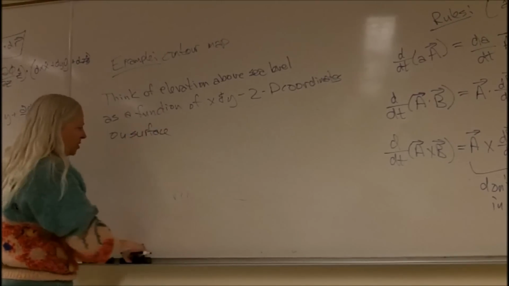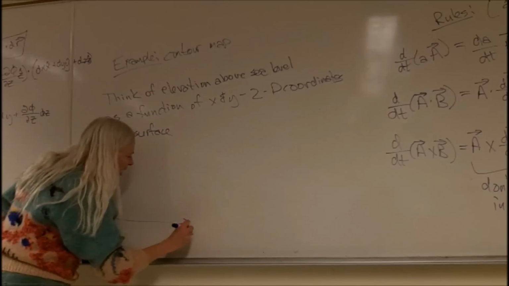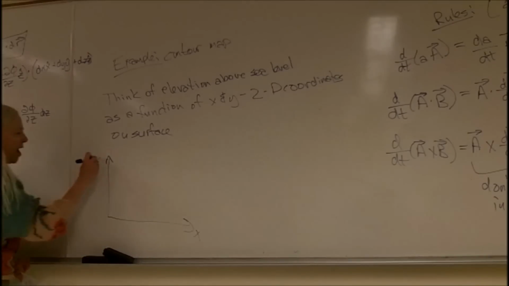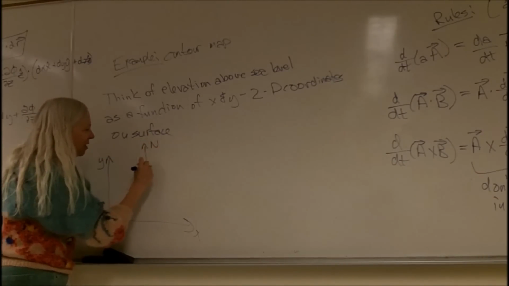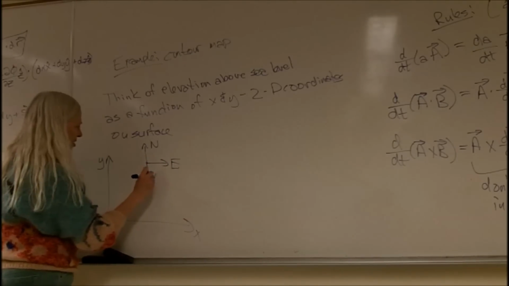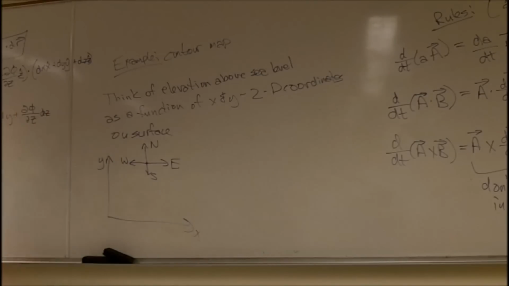If you wanted to draw x and y axes, think of it like a map, where the y direction is north, the x direction is east, the minus x direction is west, and the minus y direction is south. And you're looking down on a landscape as seen from above, somewhere up in the air.